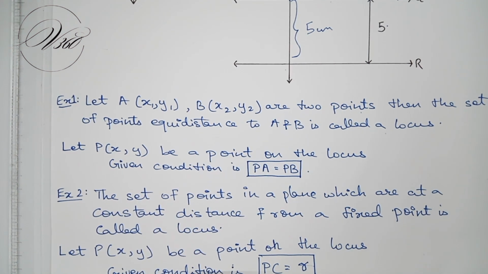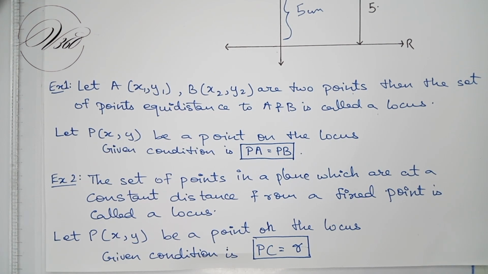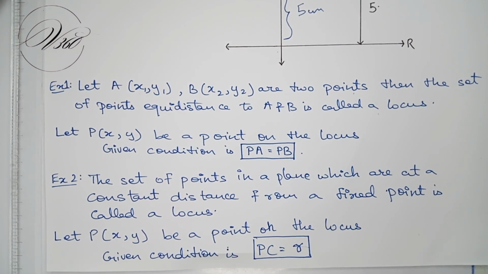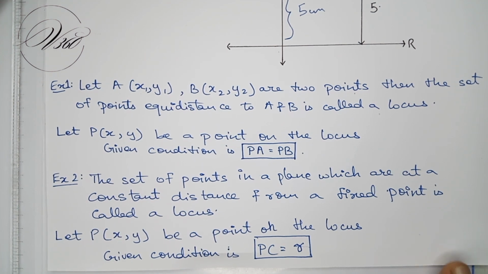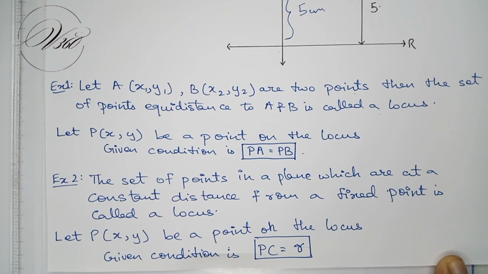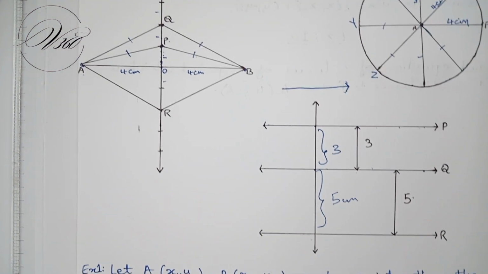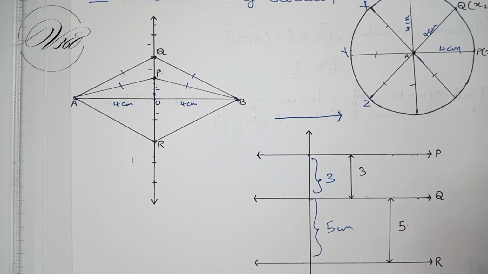Okay. Now here example 2. The set of points in a plane which are at a constant distance from a fixed point is called a locus. Now here we know that I have explained this diagram here.